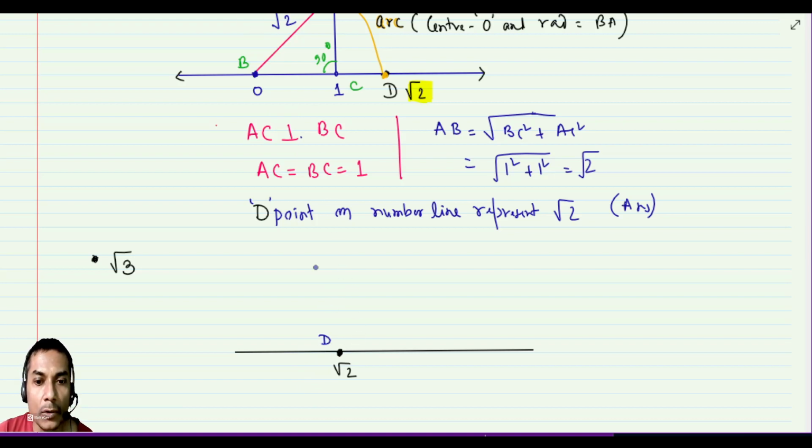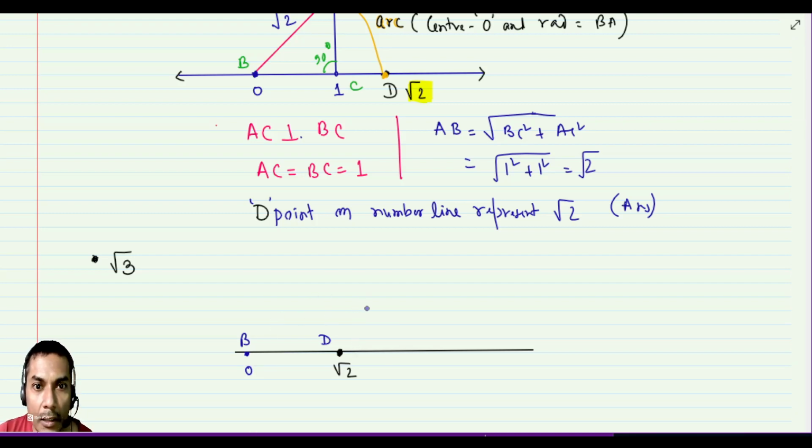Then what you have to do? From D here, you just draw, here it is B, meaning point 0.